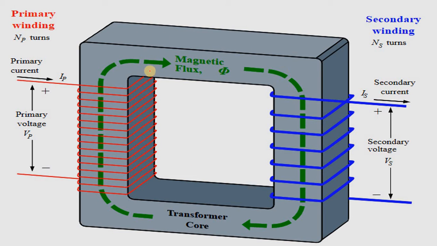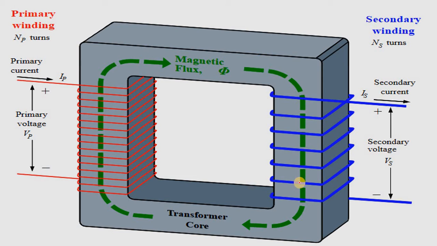See, this is the basic working of the transformer. You can see here, this is the primary winding which is connected with the supply voltage VP. The number of turns on the primary winding is called NP or N1, and this is IP, the current in the primary winding. When the current flows through the primary winding, it will set up the magnetic flux phi.